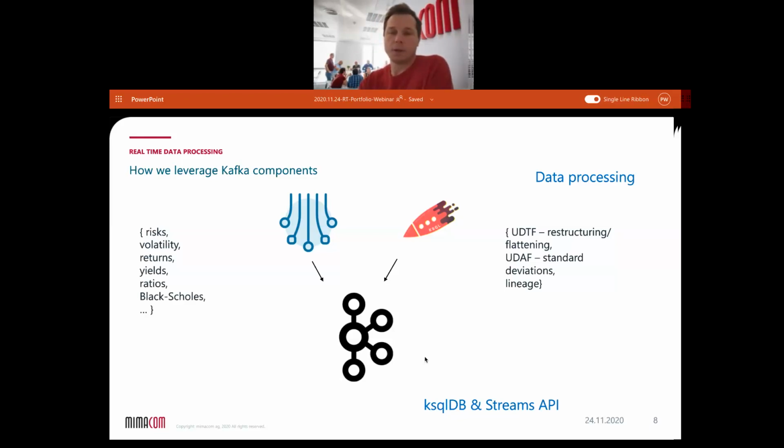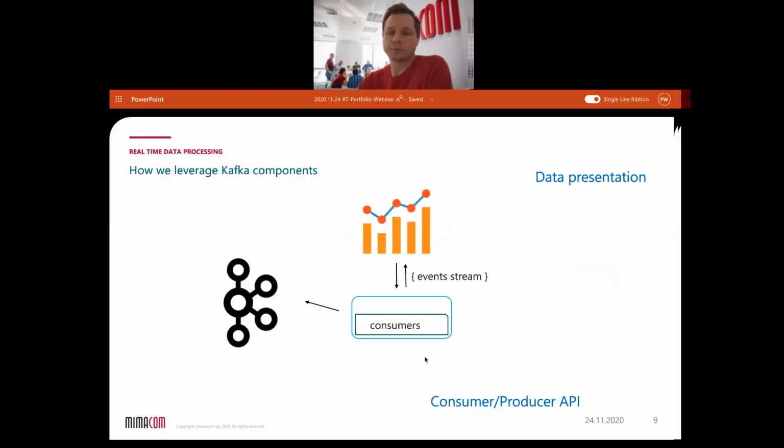Let me move to the next slide. After we have data already landed in Kafka, after we already supplied additional information, calculated all possible characteristics, we can make it available for our consumers.